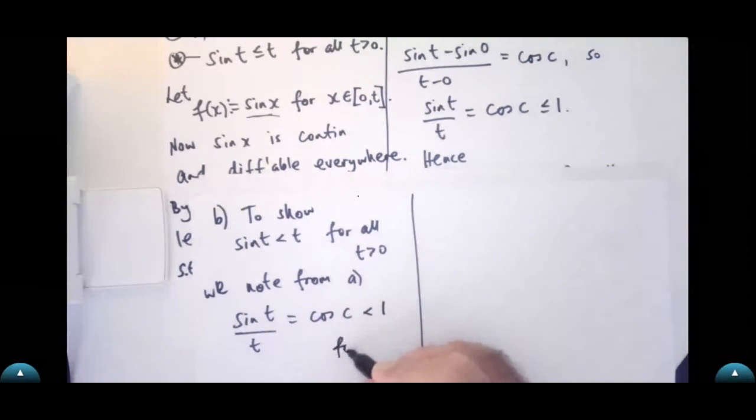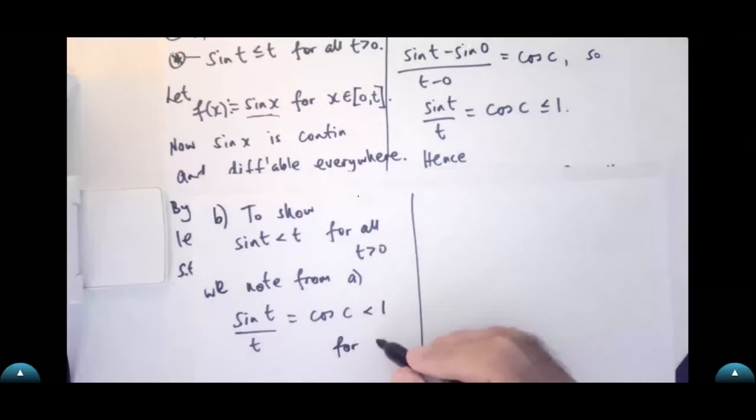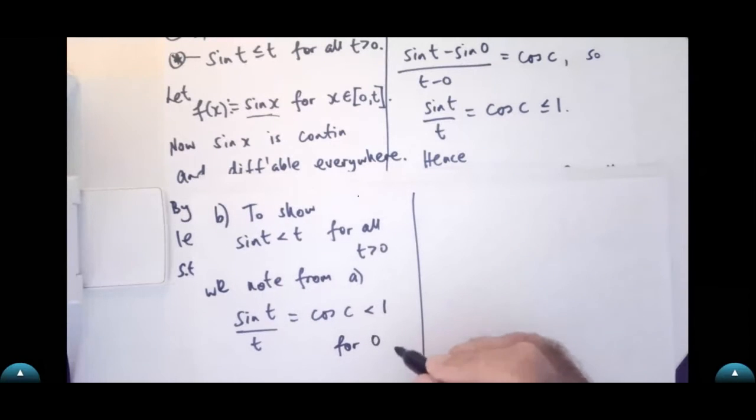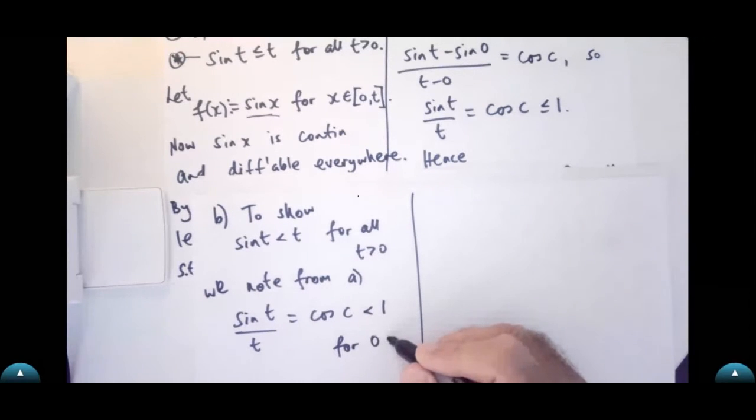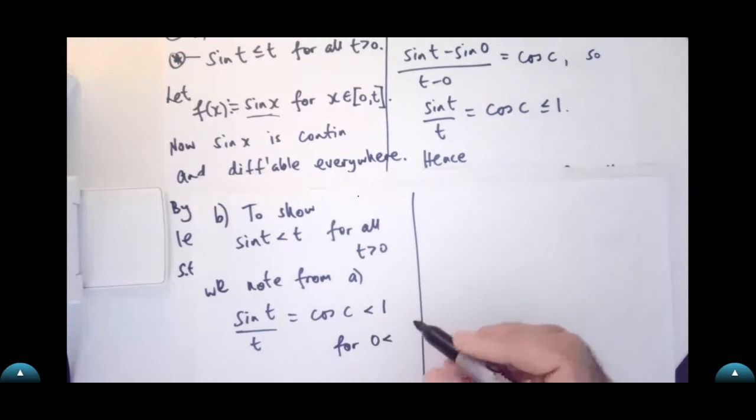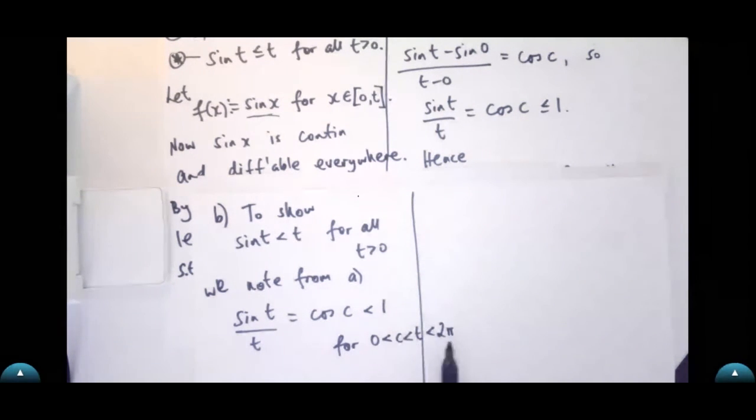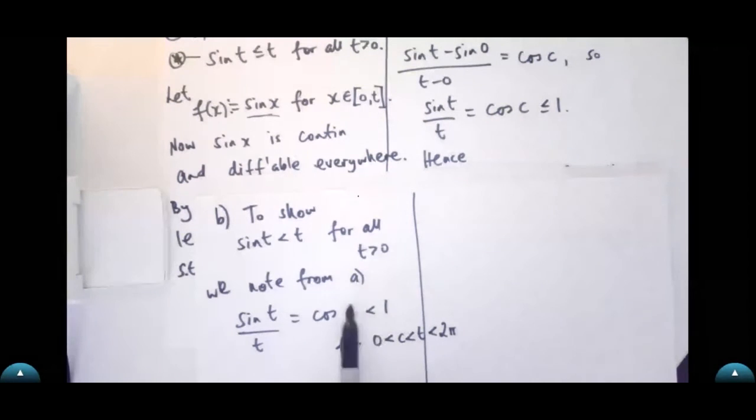So, for example, as long as t, and therefore c, are less than 2 pi, this thing has to be strictly less than 1.